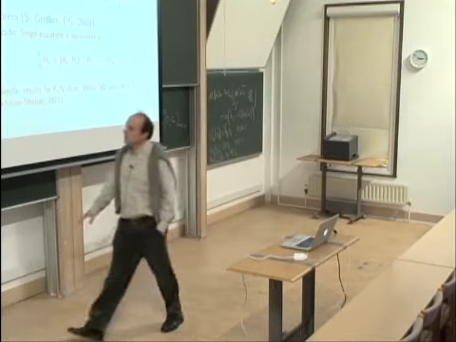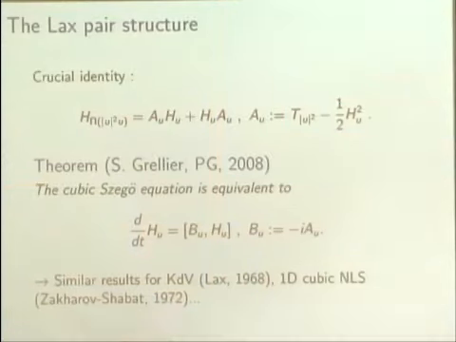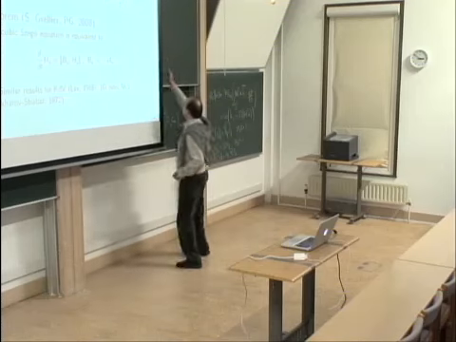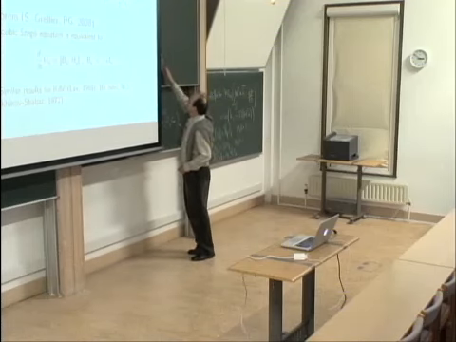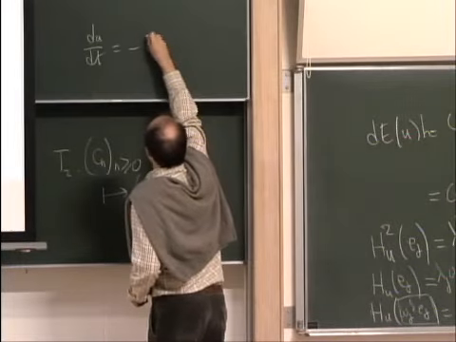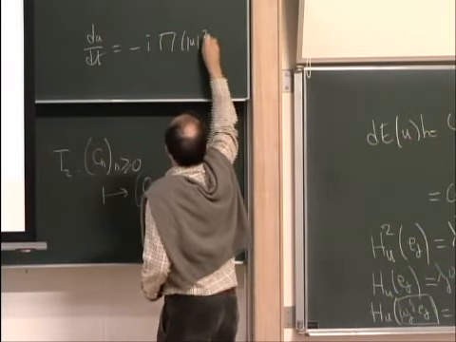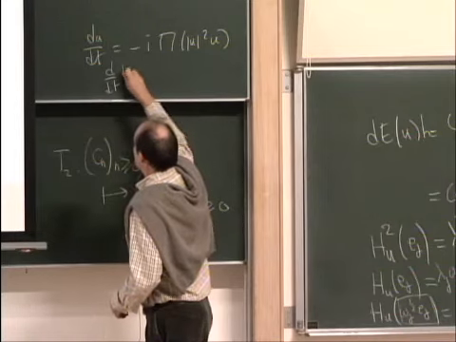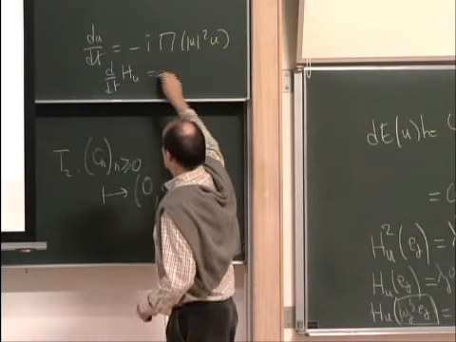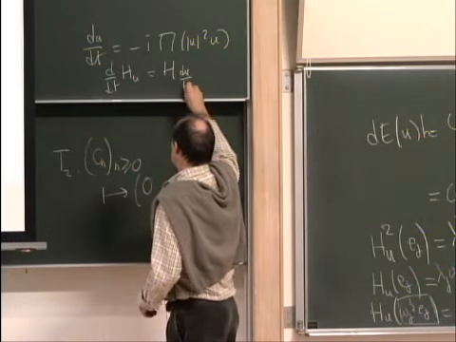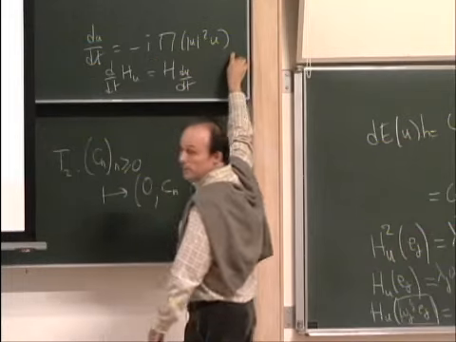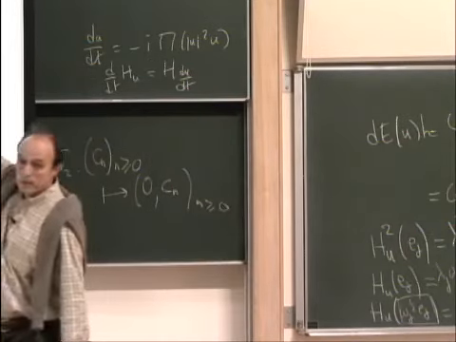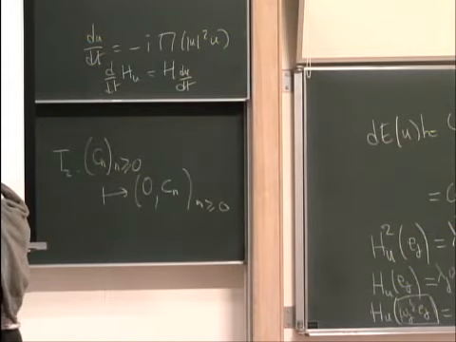Of course, if you have this equation, I should write it maybe in a slightly different way: du/dt equals minus i Pi(|u|^2 u). And now you start from such a solution and you look at d/dt of H_u. But this is linear in u, so this is H_{du/dt}. And now you replace du/dt by this, and you apply this formula, and you get exactly this.